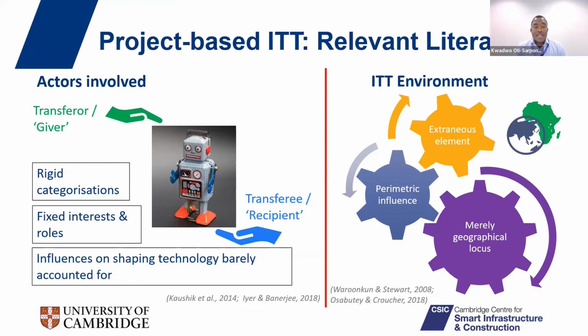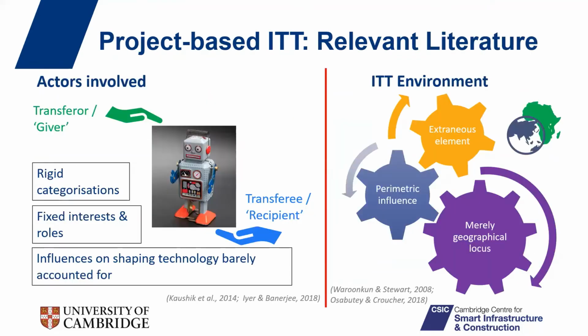This rigid categorization is prevalent in the literature, and there's the assumption that they have got fixed roles and interests based on which side of the aisle they sit, whether as transferers or transferees, givers or recipients. And their influences on shaping the form and function of technology are barely accounted for in a lot of studies.